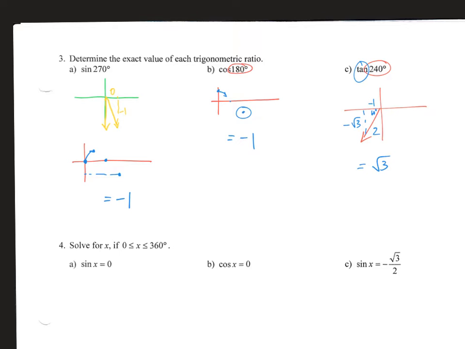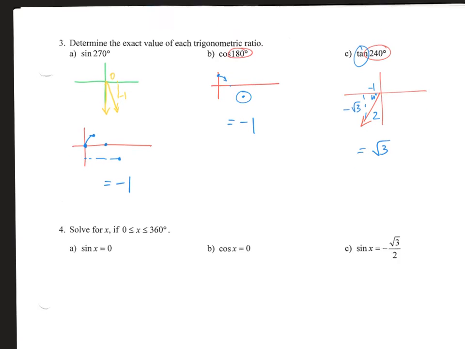Done. So take a look at A and B and notice that the use of the trig curve actually makes life a little bit easier. But if it's not on an axis, then I'm probably still going back to rotation angles like what we saw in C.